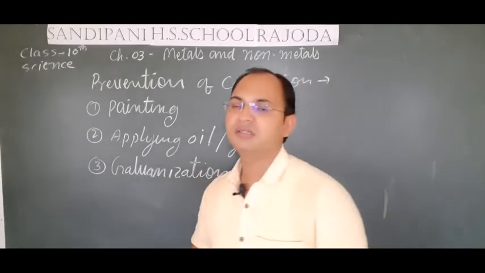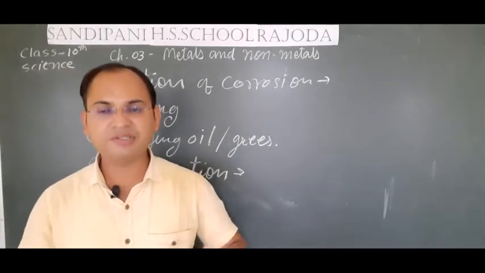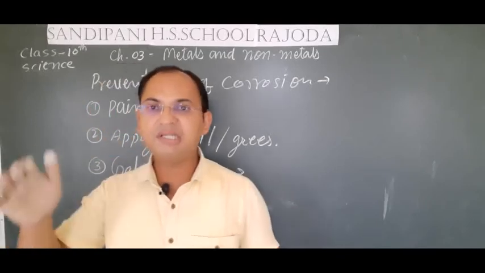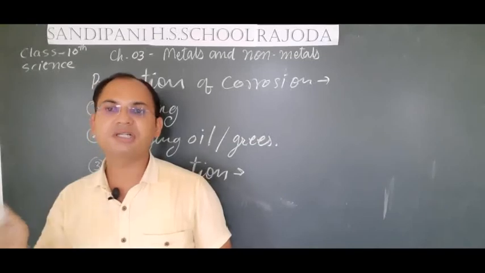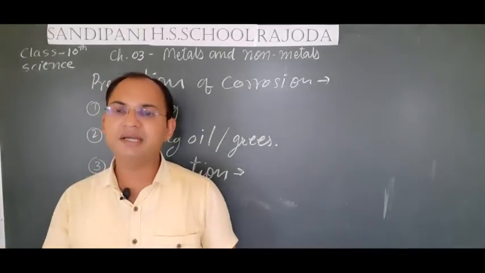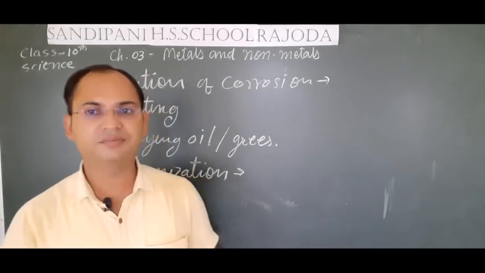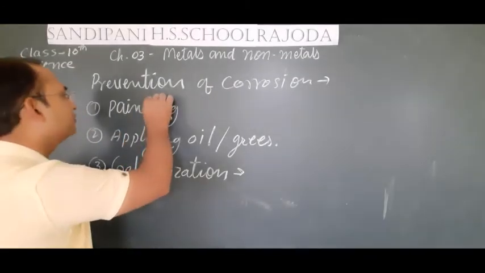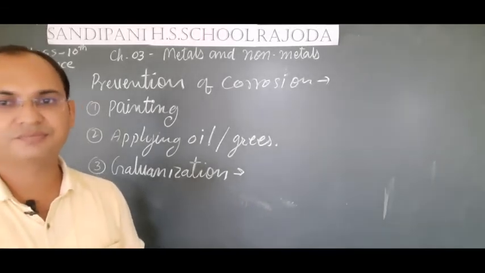If we cover the surface of iron with zinc, which is more reactive than iron, then zinc will come in contact with moisture and air and it will get corroded, and in turn it will save the iron from corrosion. So students, these are some basic methods which are used in order to prevent corrosion.